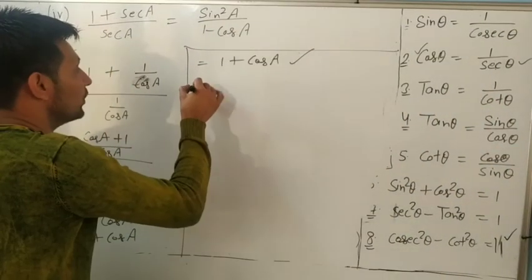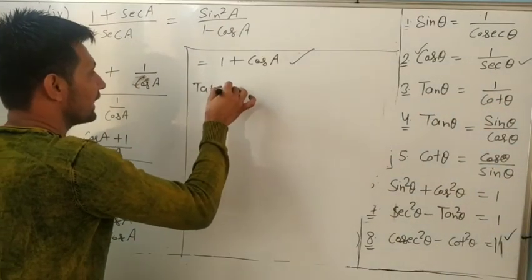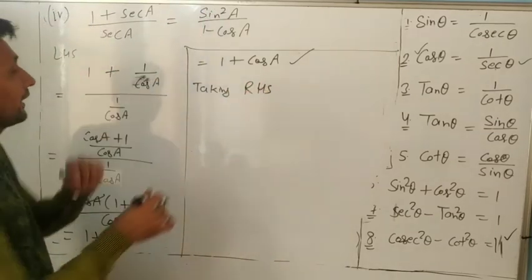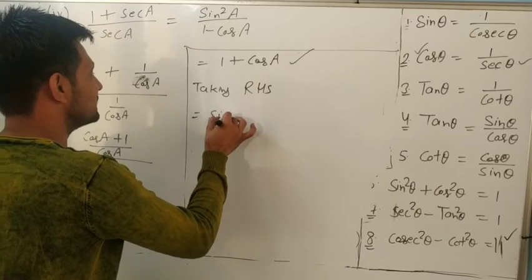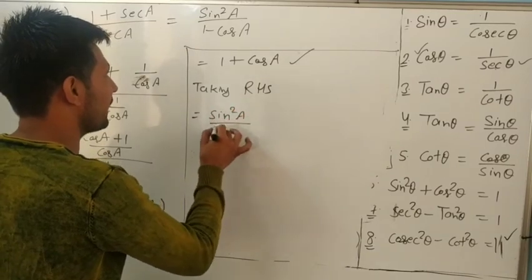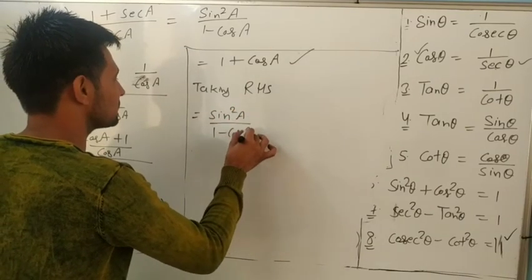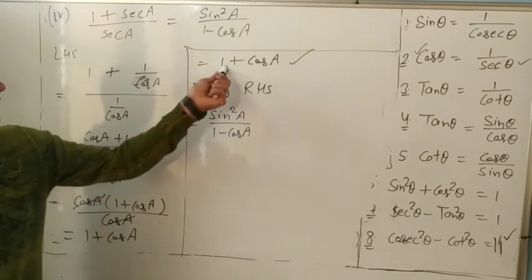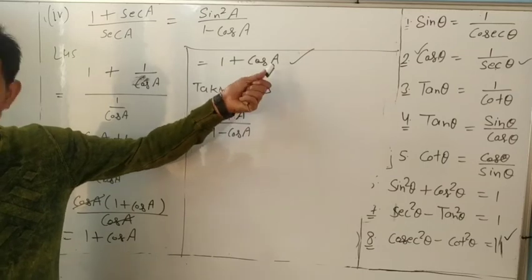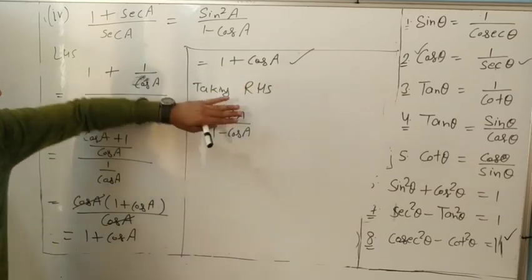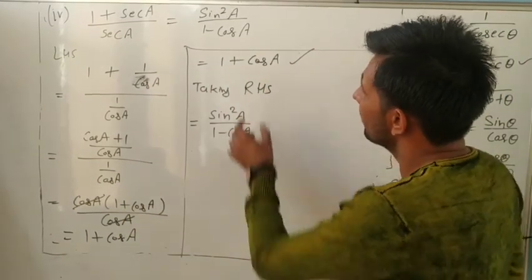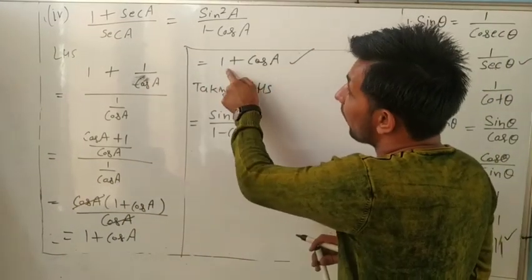Now what I told you: taking RHS, we will convert the RHS also. Look at the RHS: sin square a upon 1 minus cos a. But in the RHS we want to change everything to cos only, because the left hand side is 1 plus cos a.